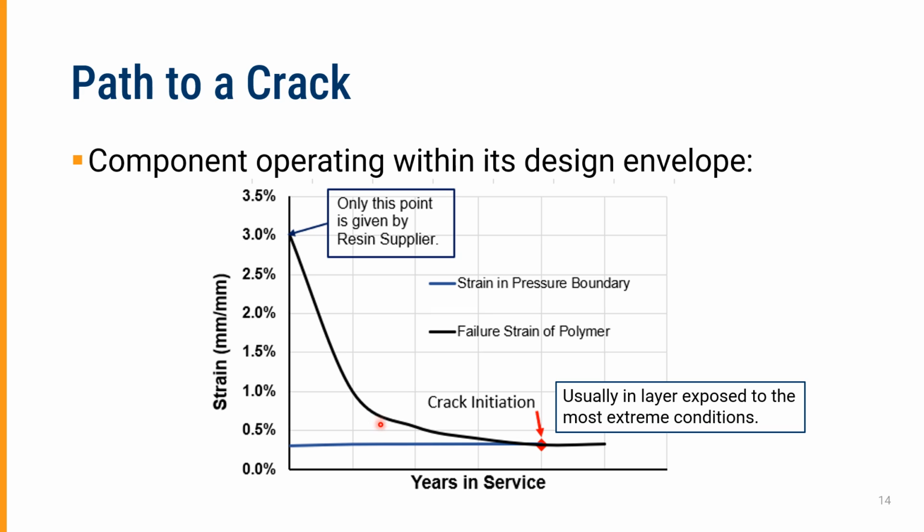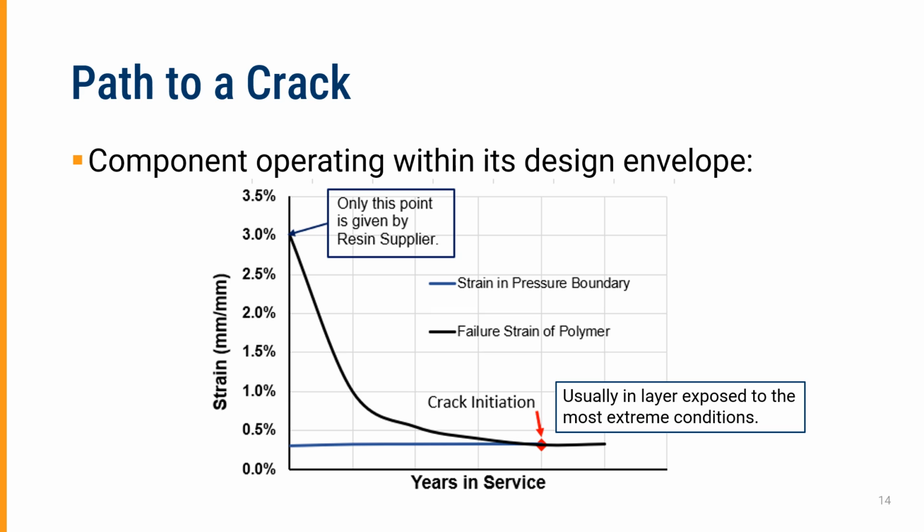That's what this curve is showing, the strain at failure of the polymer. You can see that as long as it's above the operating strain, which is the strain in the pressure boundary shown here, as long as it's higher than that, then we're not going to form a crack as a result of service conditions. However, at some point in the future, we will get a crack.